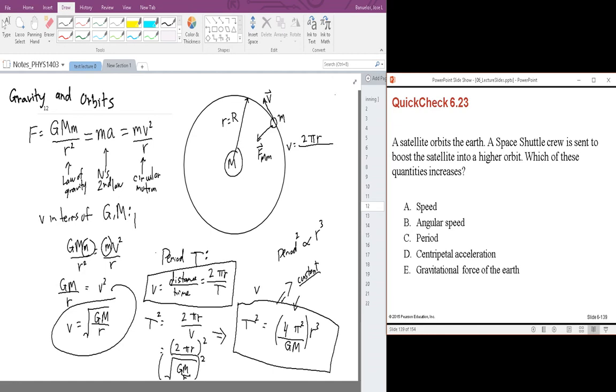If we have a higher radius, right away from looking at these expressions, we know that the period is going to have to increase. What else has to increase? Or is that the only thing? In this case, it's only the period that ends up increasing.